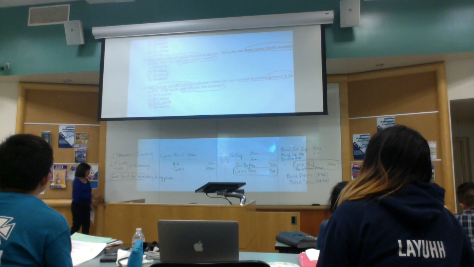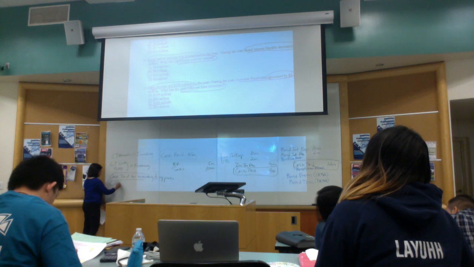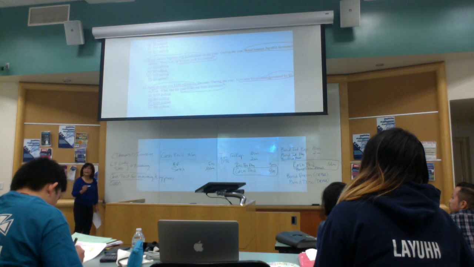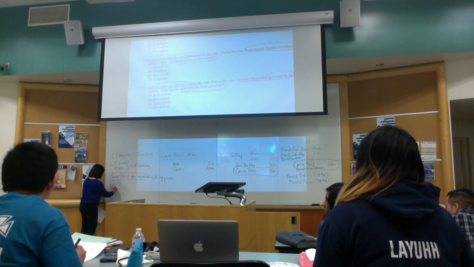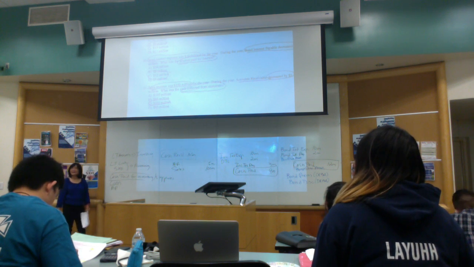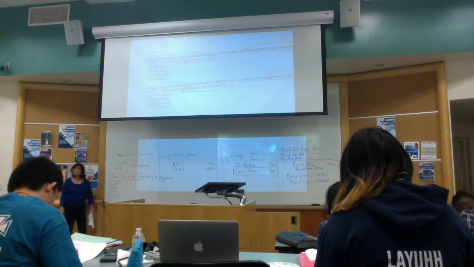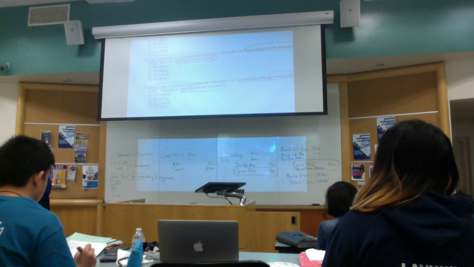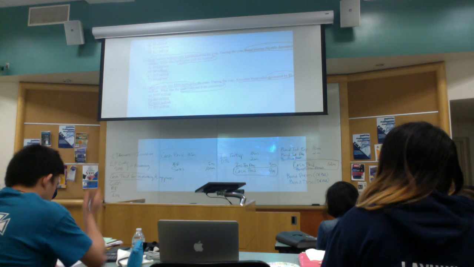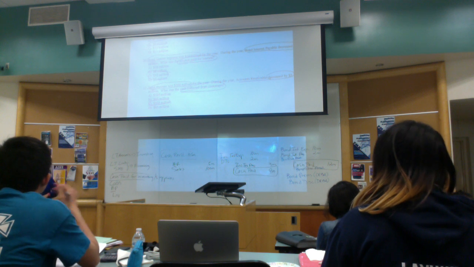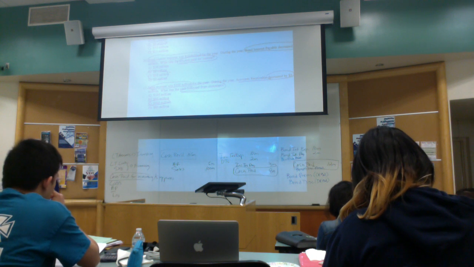Cost of goods sold. What else? Inventory. Accounts payable. What else? Inventory. Very good, inventory, right? Okay, so don't forget. Questions?